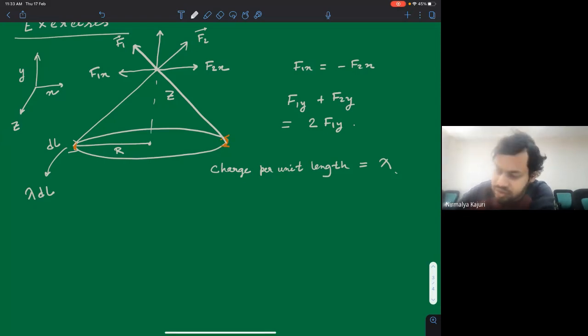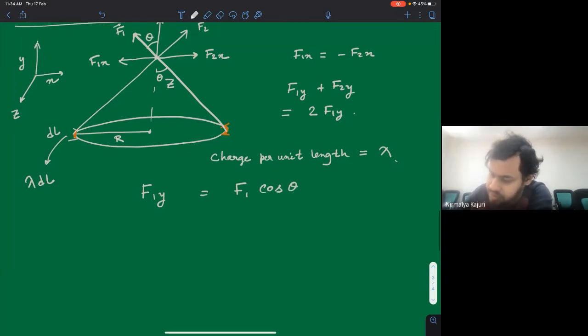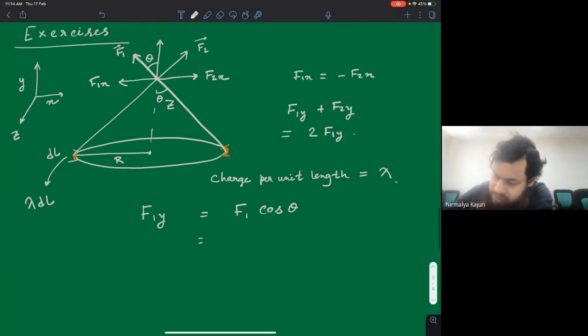So what is this force? So let us call this angle theta. Then this is also theta, and then F1y is F1 into cos theta, where F1 is the magnitude of the force from this point in orange. Sorry, not the force, I want the field.